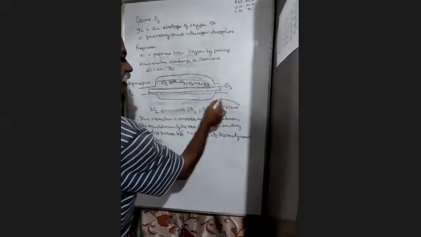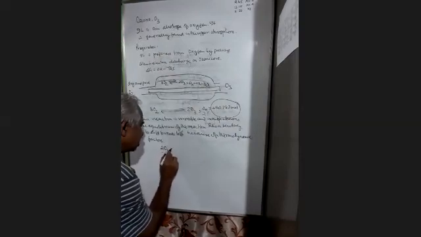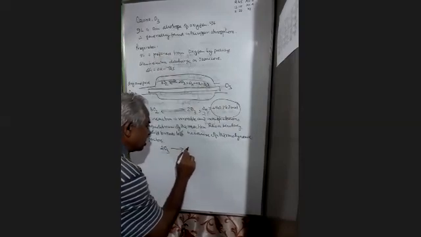See why: because delta H is endothermic. If I write this equation the other way, what is going to happen? 2O3 gives us 3O2.